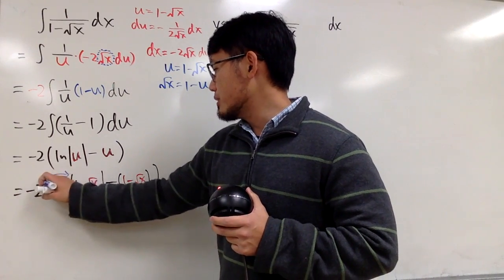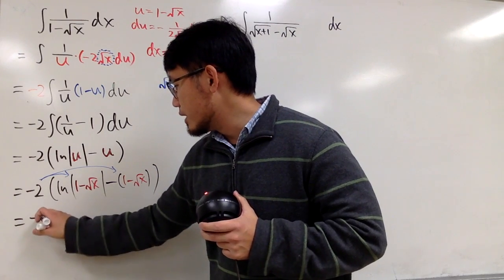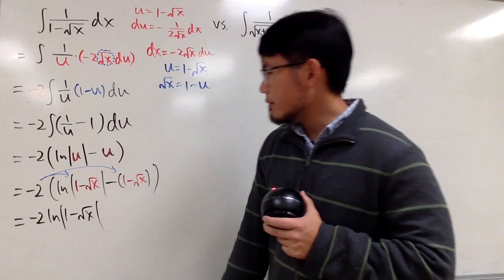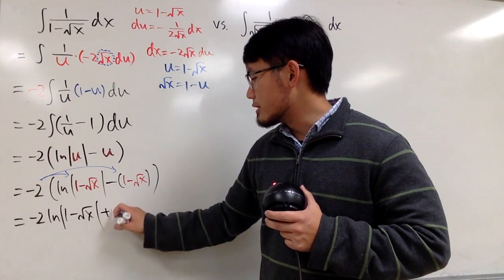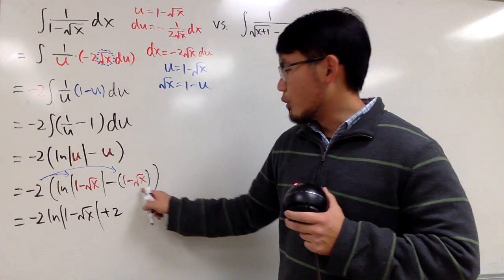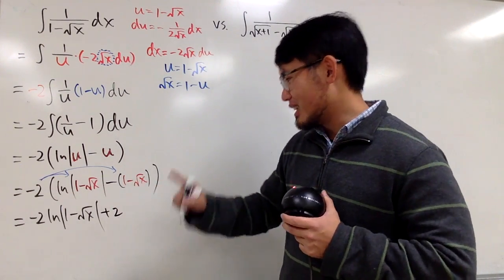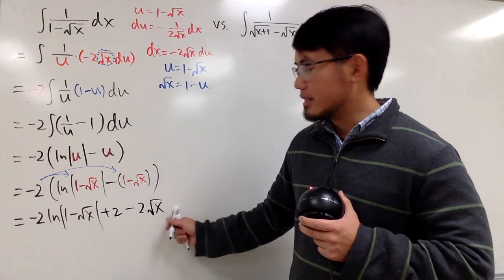So you just do the usual business, multiply it, do it carefully, and we will have this and that, which is negative 2 ln absolute value 1 minus square root of x. This times that is positive, and you have the 2 times this, which is going to be plus 2. This times all that, negative times negative is positive, times another negative, so it's negative. And you have the 2 square root of x, like this.